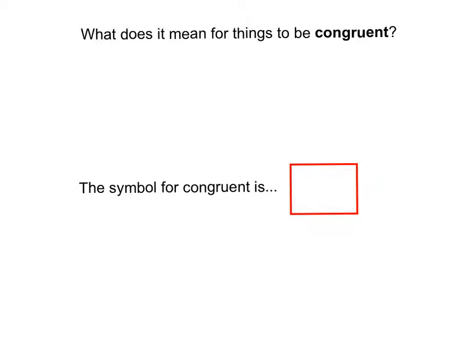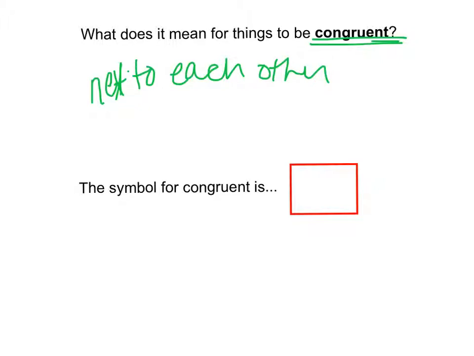First I just want to ask, what does it mean for things to be congruent? You might have a different idea or image in your mind, but when I hear things are congruent, I kind of think of next to each other. Congruent, maybe same.